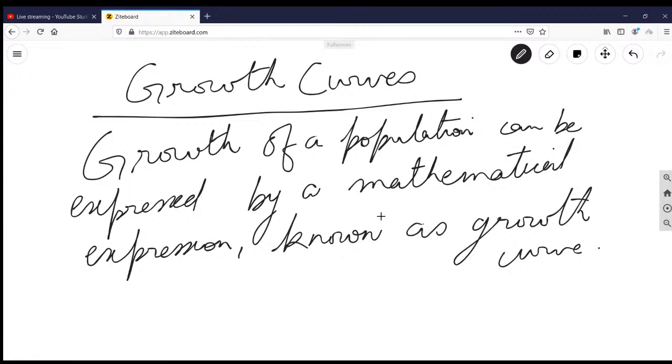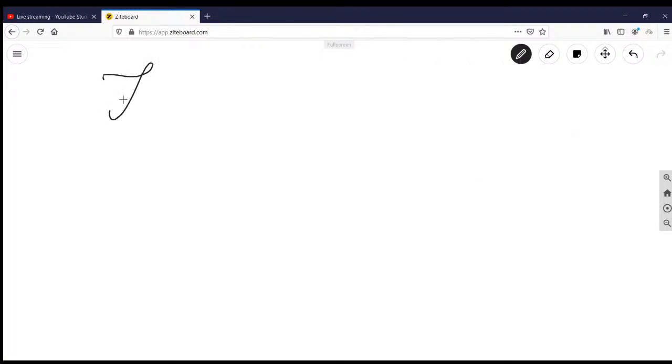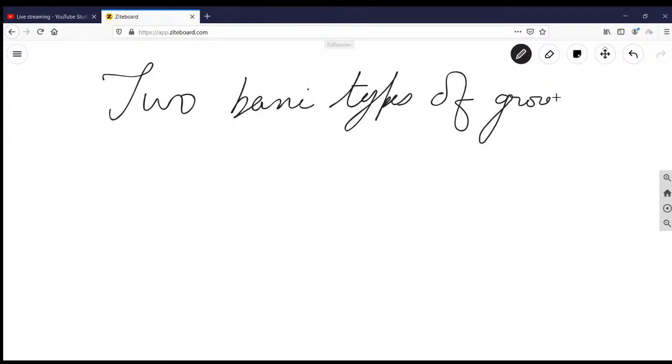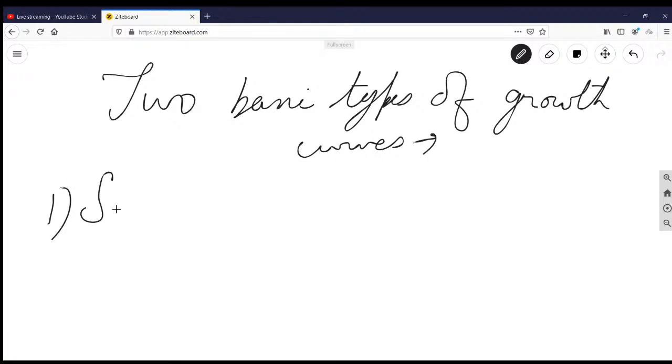In your course you have two basic types of growth curve which will be asked in board examination and NEET examination. You have a sigmoid growth curve.